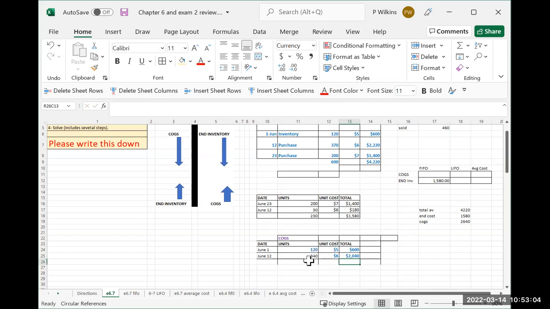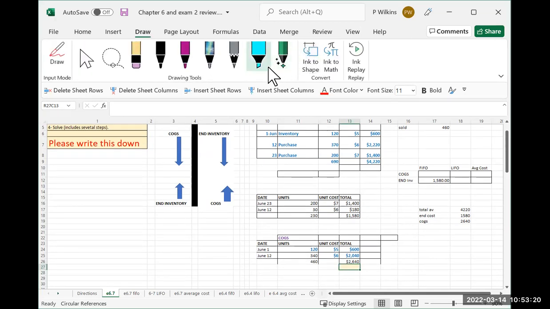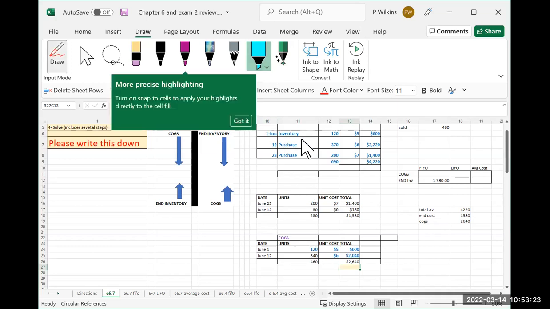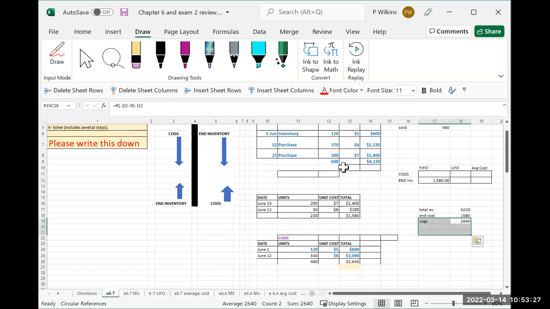Okay. So now we've got the total number of units that we sold, 460. So now we can total up the total cost. 600 plus 2,040 gives us 2,640. So we've now proved that our cost is actually 2,640.